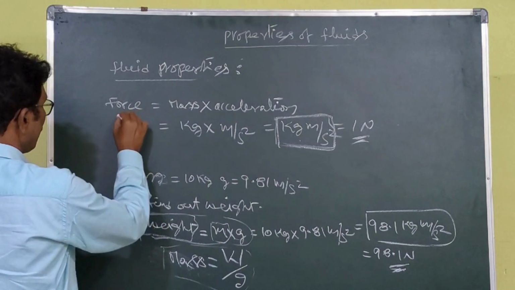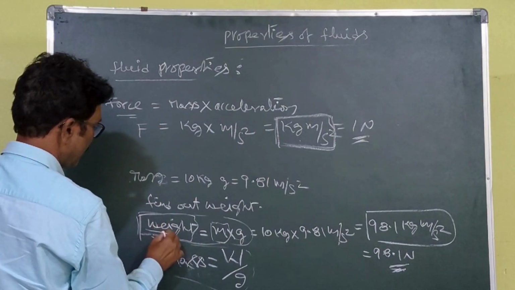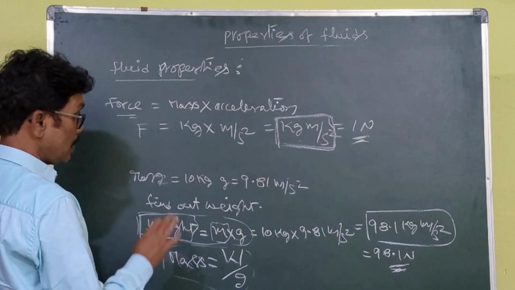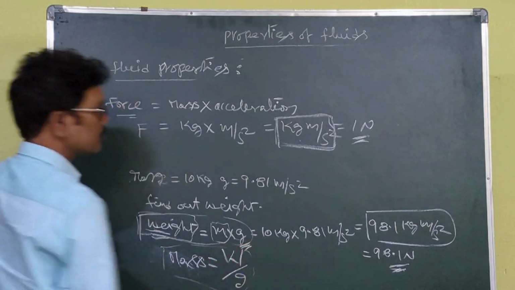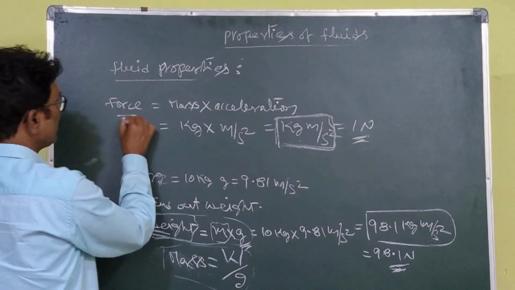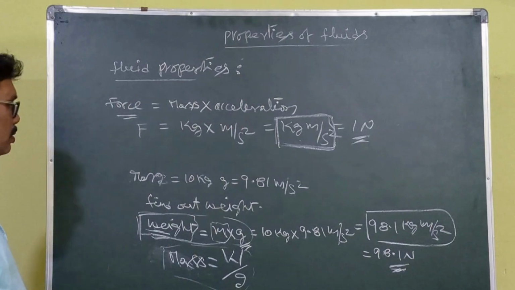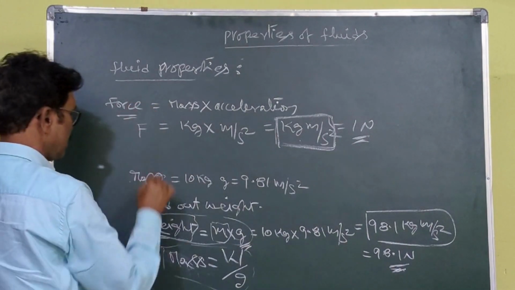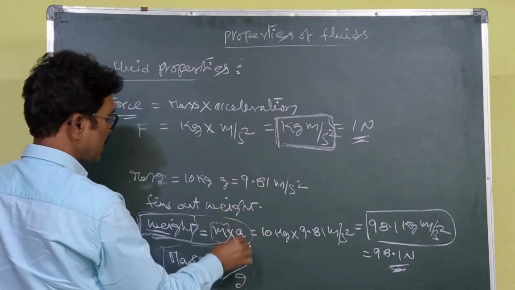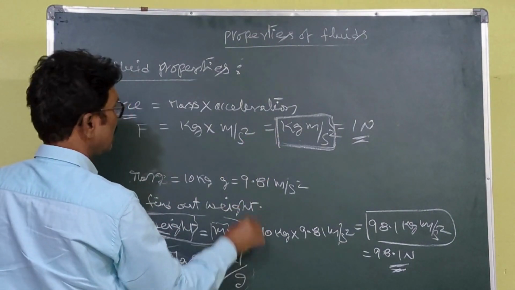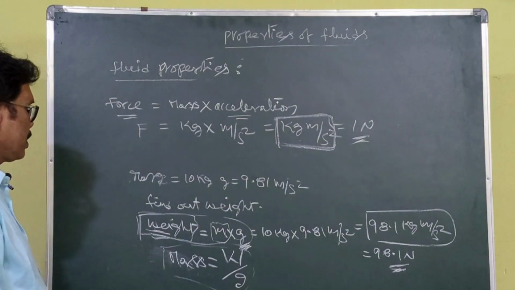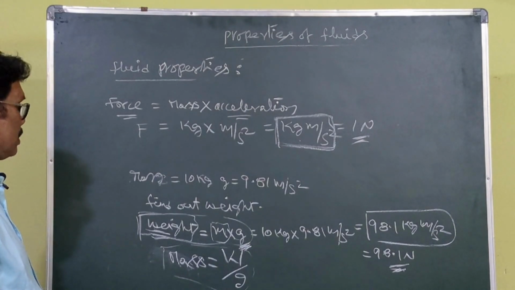If you clearly understand, weight means mass multiplied with acceleration due to gravity, whereas force is mass into acceleration. Of course, you are getting the same units, but here it is acceleration due to gravity, whereas here it is only acceleration. I already explained in the previous video what acceleration due to gravity and acceleration are.